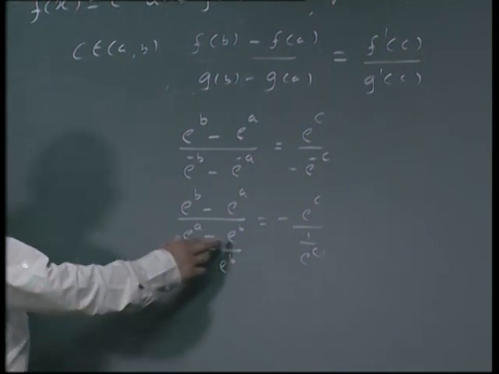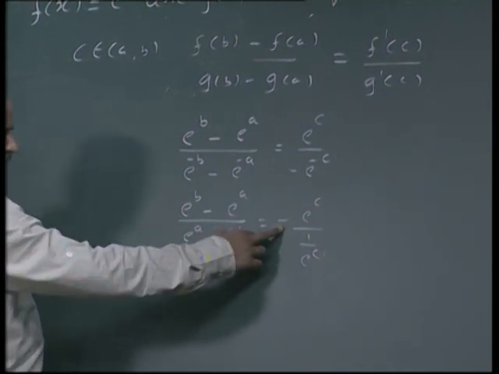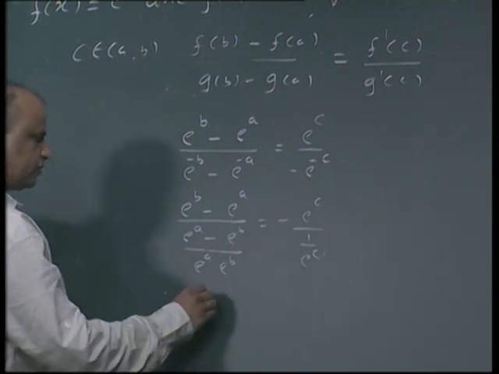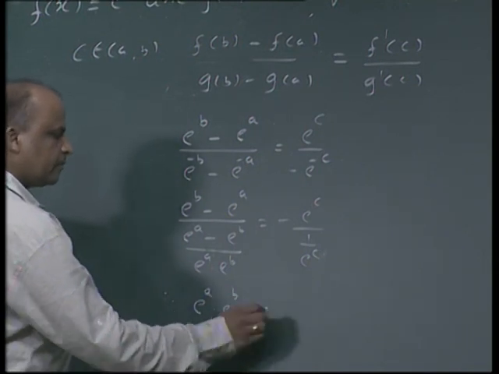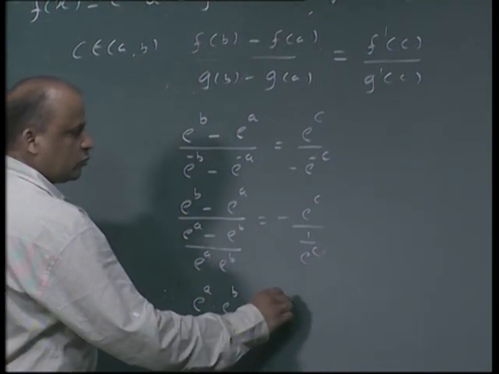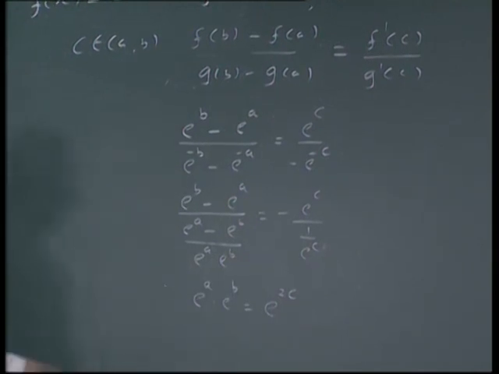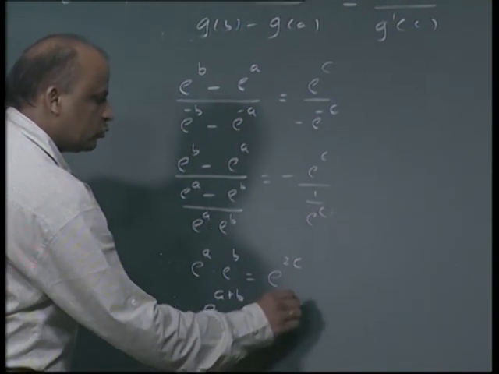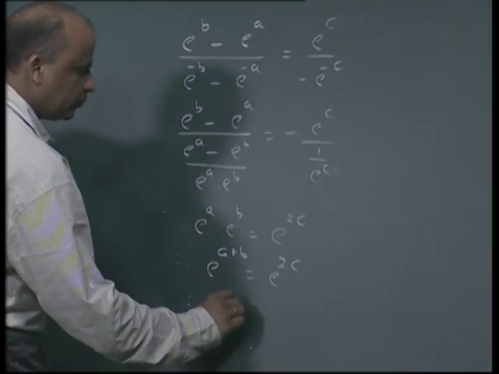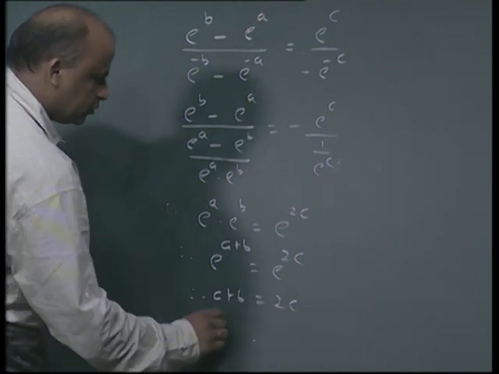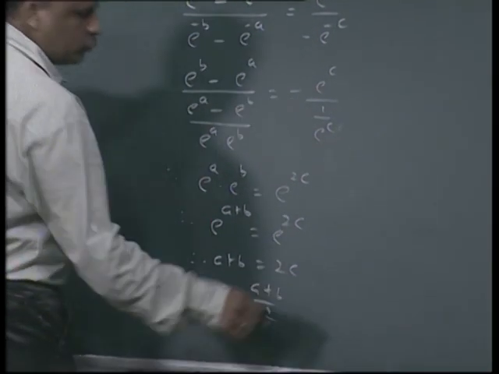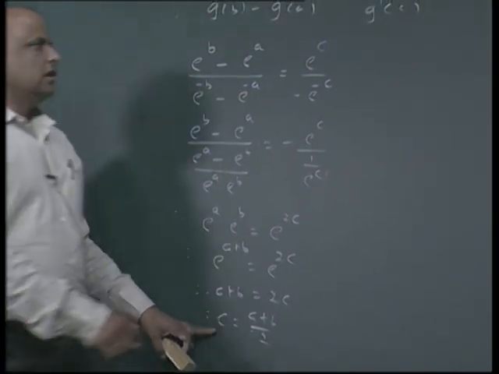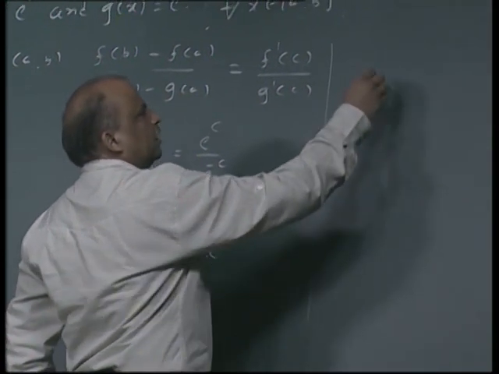Taking the minus sign common, and here it is already minus, this will cancel, and what we find is e raised to a into e raised to b equals e raised to 2c. Therefore e raised to a plus b is e raised to 2c, and therefore a plus b is 2c. So c equals (a plus b) by 2, and this is definitely between a and b, which can be checked easily.